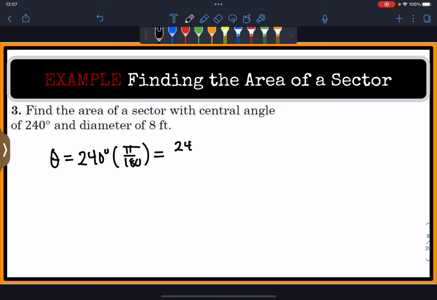That gives us 240 pi over 180, which we can simplify by dividing by 60, giving 4 pi over 3.